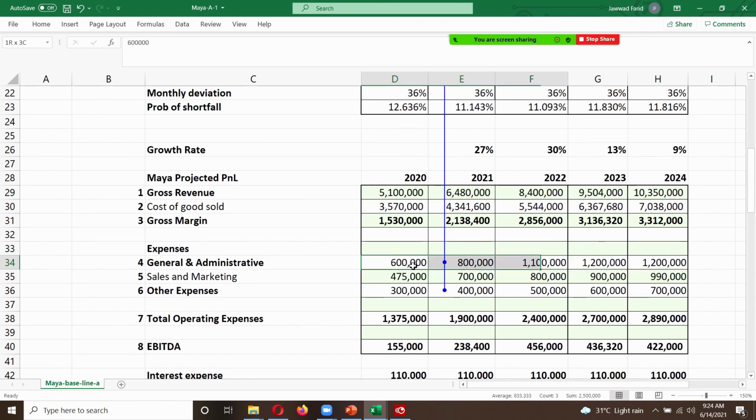For this entire row, I've just put in a static plugged-in value for now. As we go through the model, we'll update this. We're going to use the same approach: build a simple model, identify what's wrong, identify what needs to be improved, improve it, and then get back. Their other expenses are also fixed items, static for now. As we improve the quality of our model, these items will change.